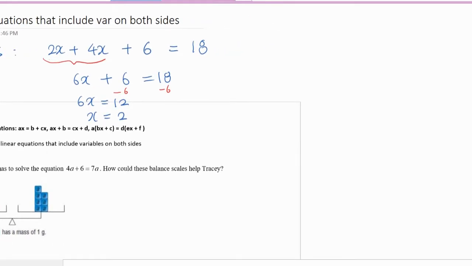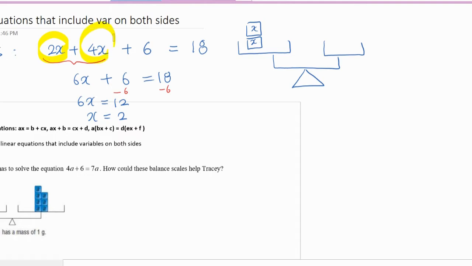So if you use a balance scale, here you have 2x. So I'm going to draw x tiles. You have 2x and you have 4x.